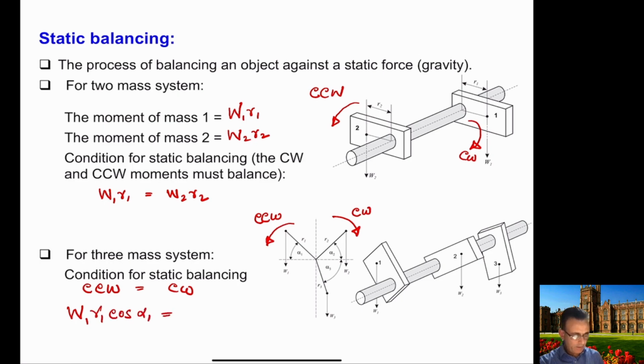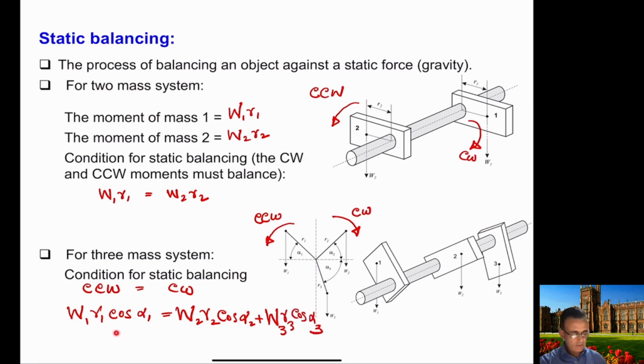On the right hand side, W2 and W3 are trying to rotate the shaft in the clockwise direction. So the moment of W2 is W2 R2 cos alpha 2, and similarly for W3 it will be W3 R3 cos alpha 3.